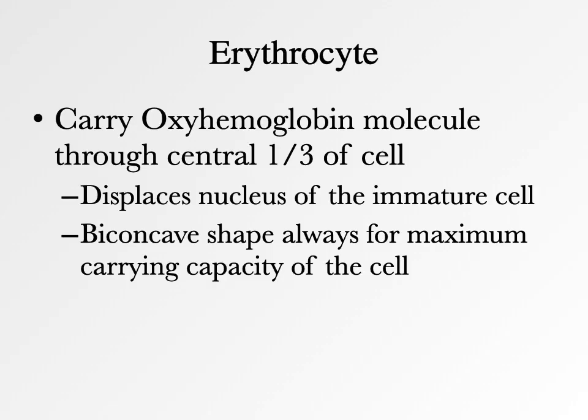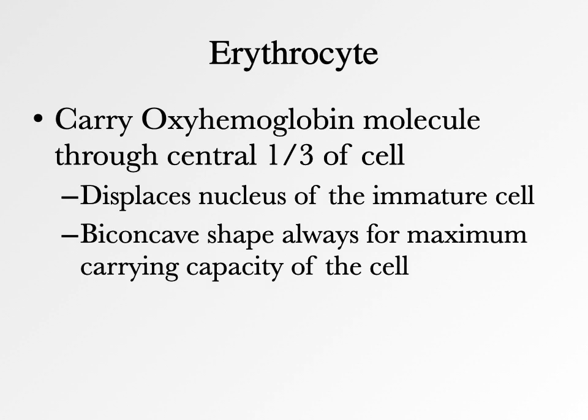So let's delve into the erythrocyte itself. The erythrocyte is the gas-carrying cell within the blood. During the maturation process, the hemoglobin molecule, there's 4 different variants, and we'll talk about that in a second, is going to end up displacing the nucleus within the cell.